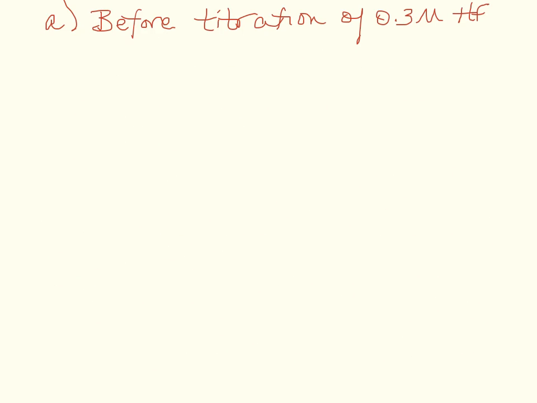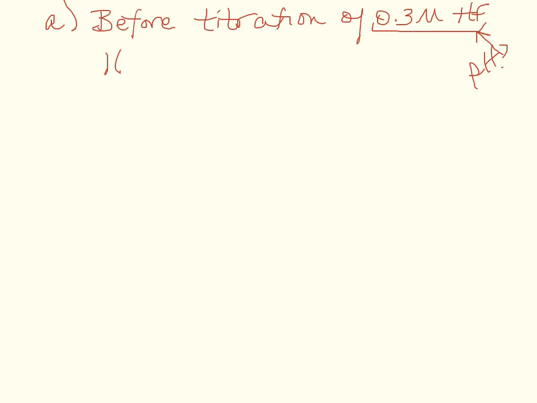Okay, before the titration, realize that there is only the weak acid, or whatever we're titrating, or the weak base, present. Nothing else is present. And so think back to the beginning of the acid-base chapter. How would you find the pH of a weak acid? You can't just take the minus log of the concentration, because not all of that acid is going to release its hydrogen ions.